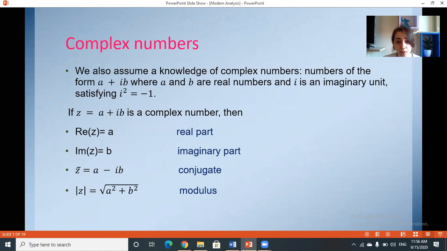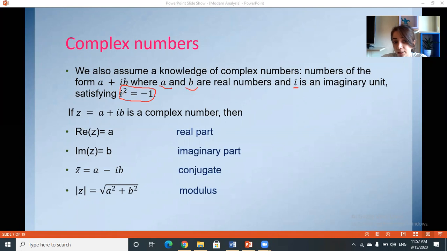And we also assume a knowledge of complex numbers, numbers of the form a plus i times b. Here, i is an imaginary unit. This is i, an imaginary unit. a and b are real numbers. i squared equals minus 1.